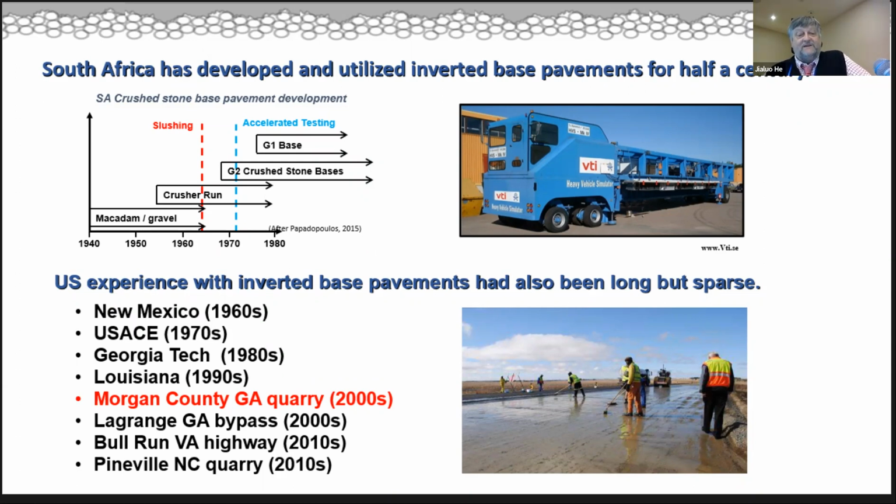But maybe one of the things, and I don't want to get into a pseudo-political conversation here, but maybe the biggest thing in the end that has limited the ability of inverted base pavements to really take off here is strong lobbies from certain parties who feel that it's not in their best interest to have a new type of pavement system.